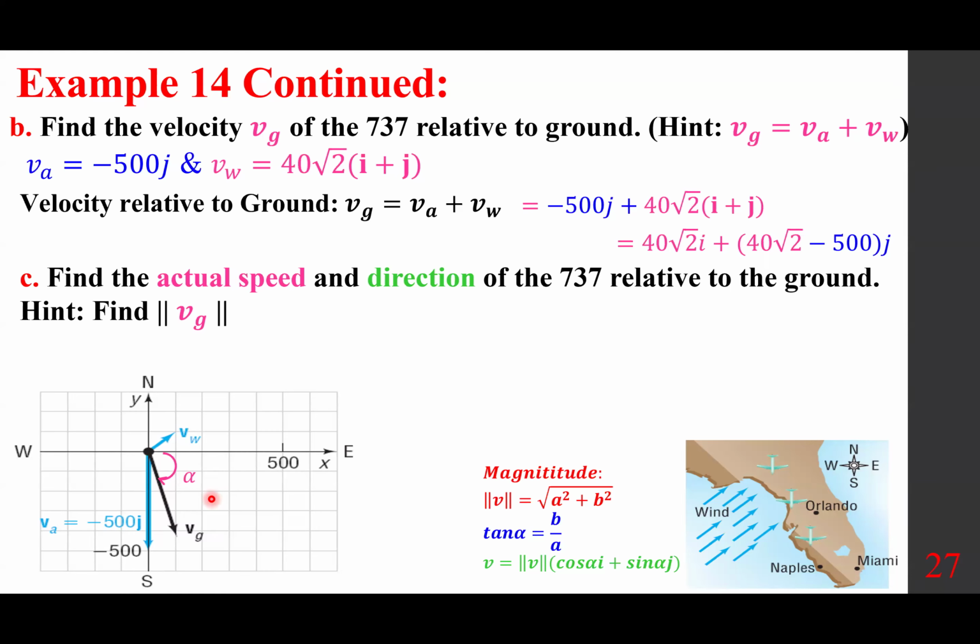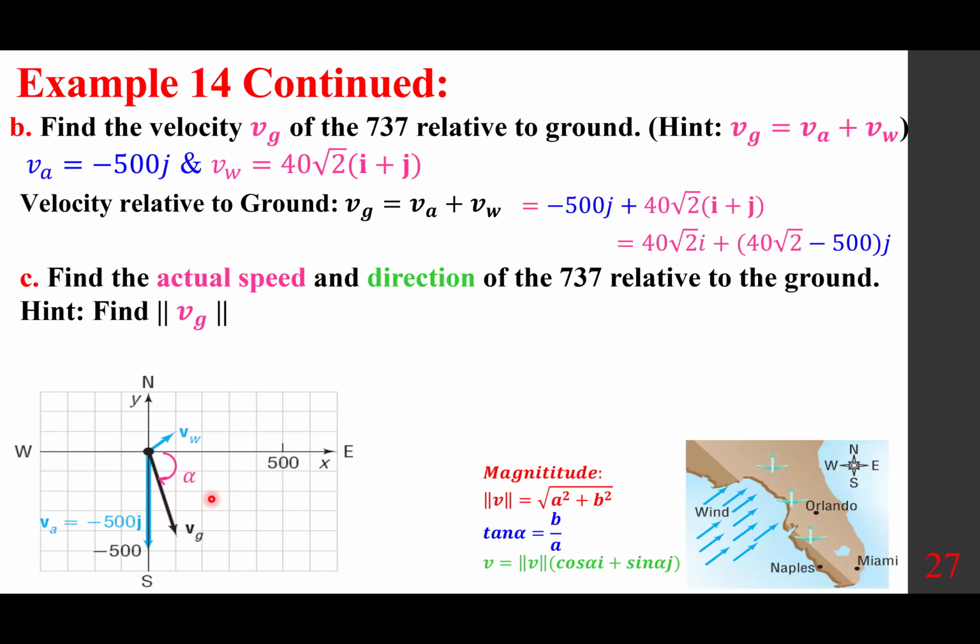Now, these two angles must add up to 90. So this angle is 90 minus 82.7. So this one and this one must add up to 90 degrees, right? So this one is 90 minus 82.7, which is 7.3 degrees. So it's doing 447 miles per hour, due south, 7.3 degrees east.